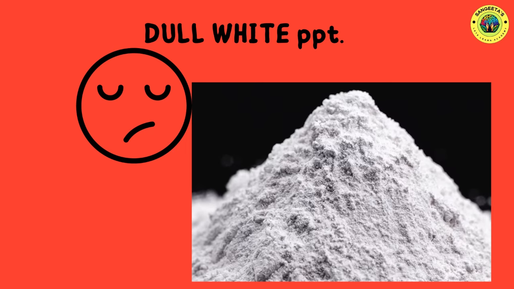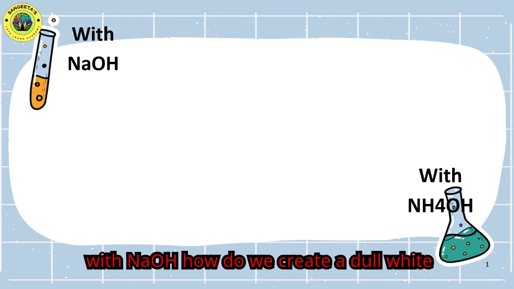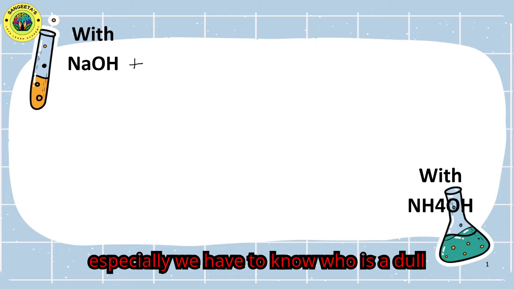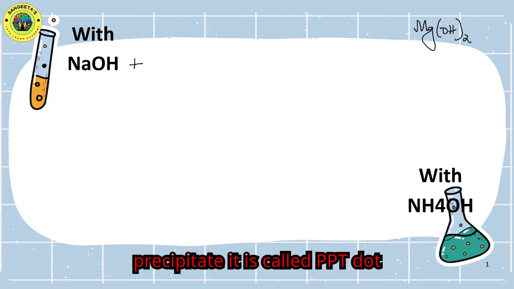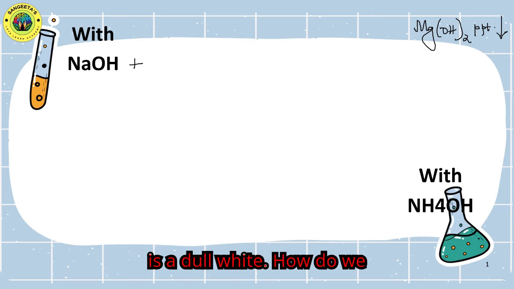Now dull is boring, right? So how do we create a dull white precipitate with the same two different reagents? With NaOH, how do we create a dull white? Especially we have to know who is a dull white. Dull white is magnesium hydroxide, Mg(OH)2. This is a precipitate, called PPT, a dull white.